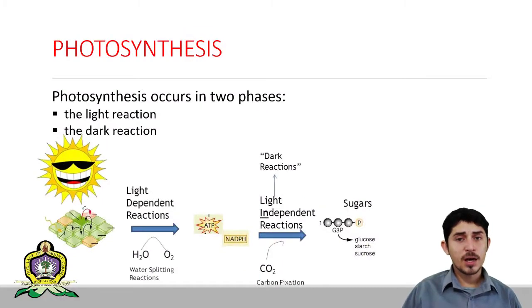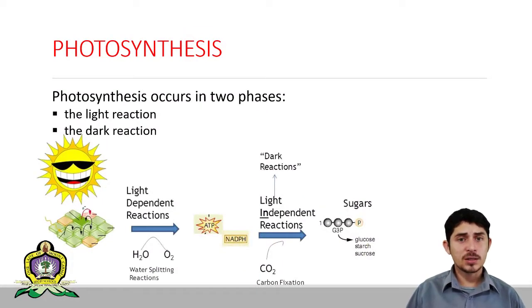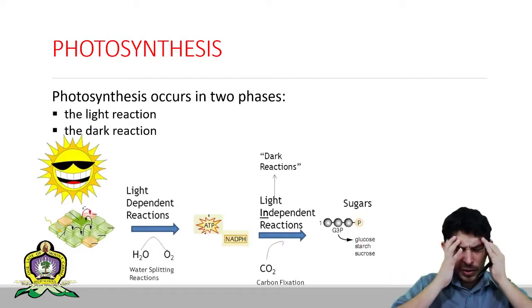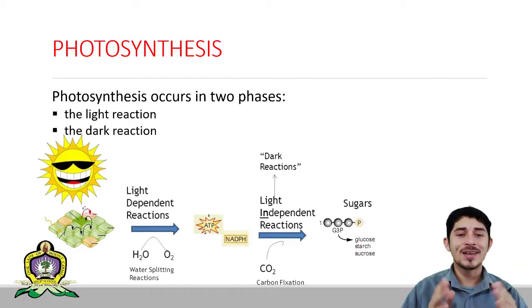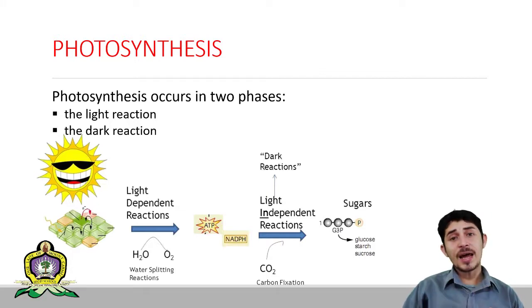Since we're speaking about reactions, I want you to know that photosynthesis occurs in two major stages: the light reaction and the dark reaction. Oh, mister, what are you talking about? It means basically this. When sunlight is present, as you can see here, that's the light reaction.